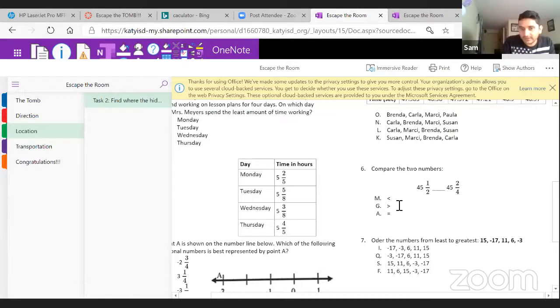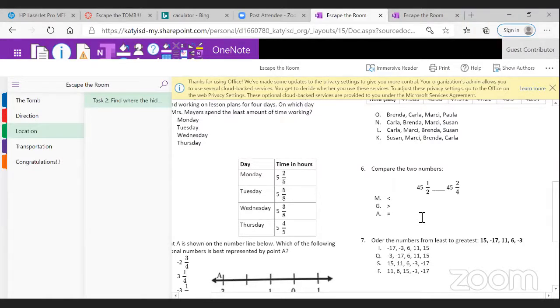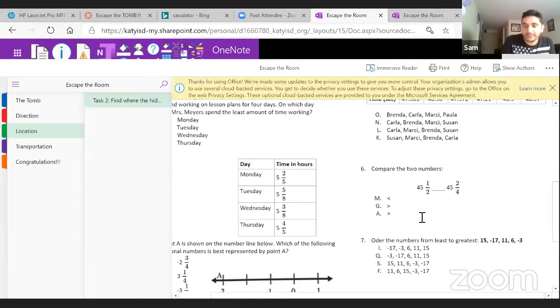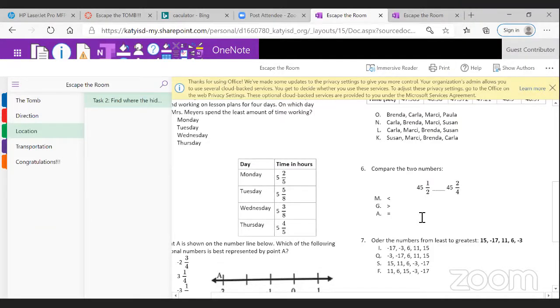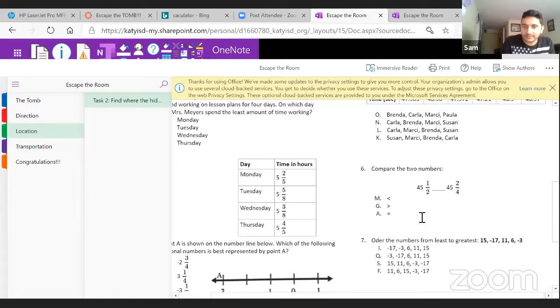No, look, they both are 45, right? 1/2 is 0.5. This is 45.5, and this is also 45.5, right? Because 2/4 is 0.5 as well. Okay, so A is the right answer, that they are both equal.